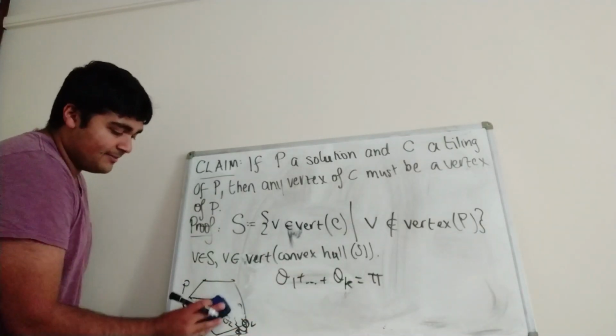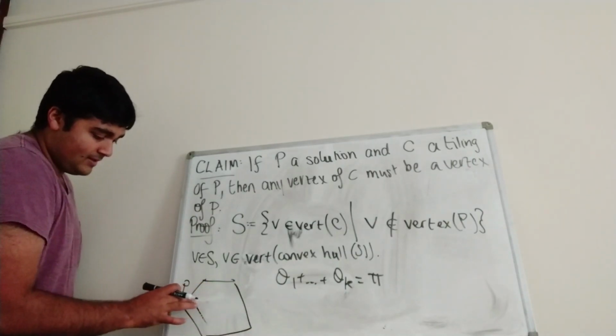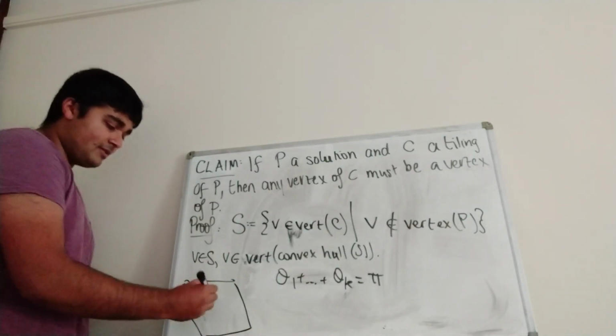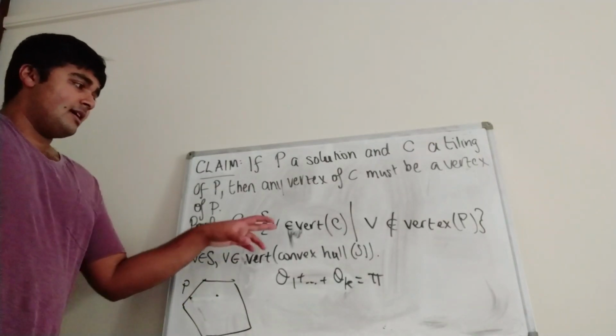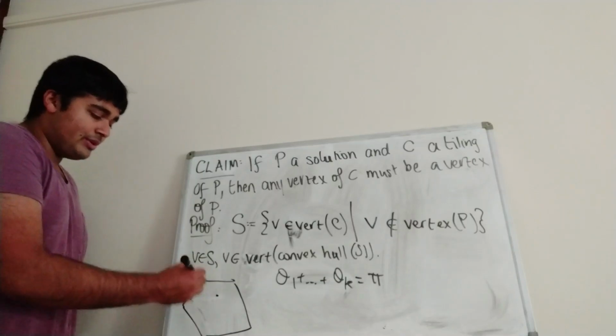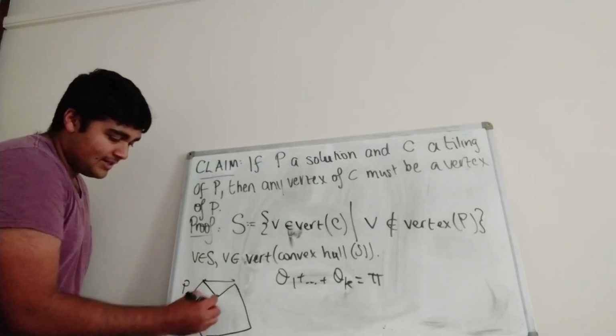And the other case is if we have V being in the middle, so in the interior. In which case, when we look at all the adjacent polygons in our tiling, say we've got something like this.